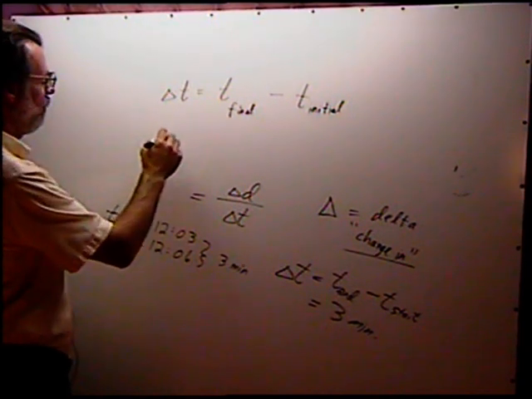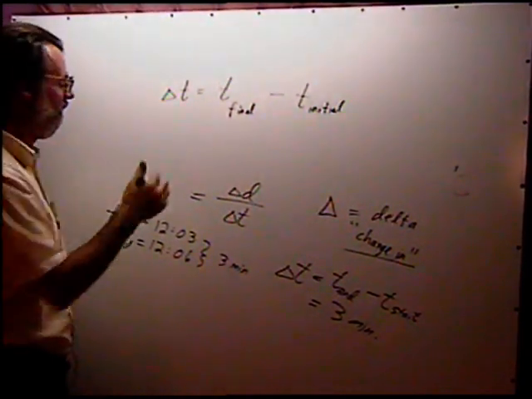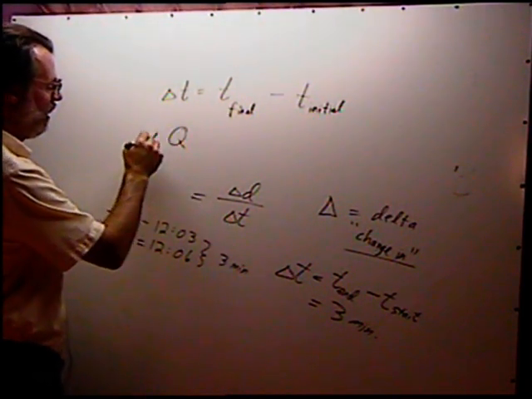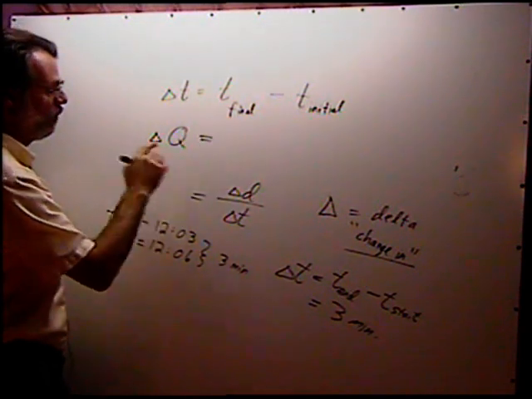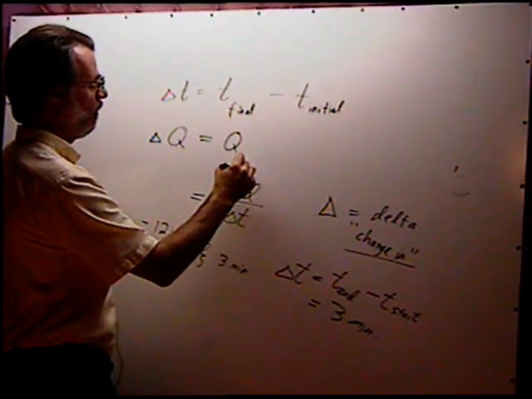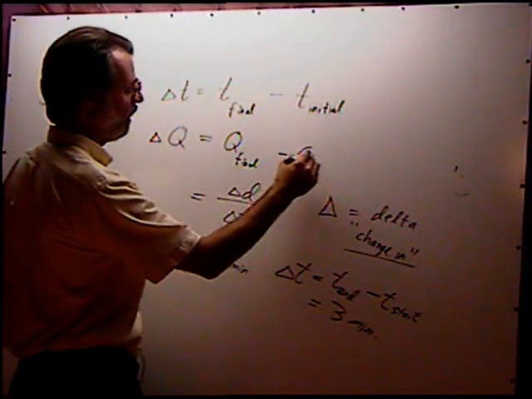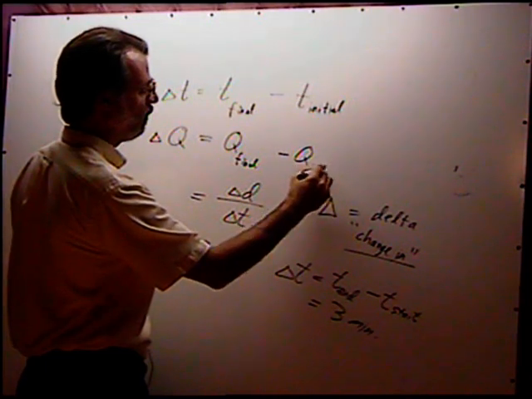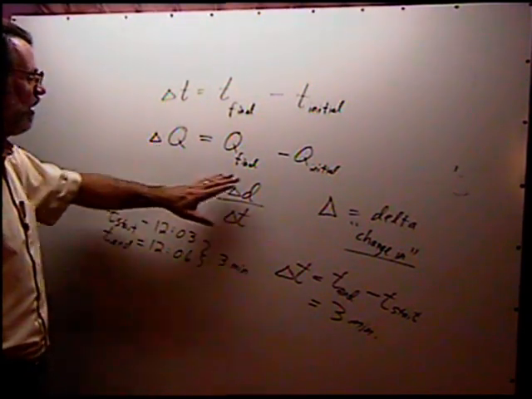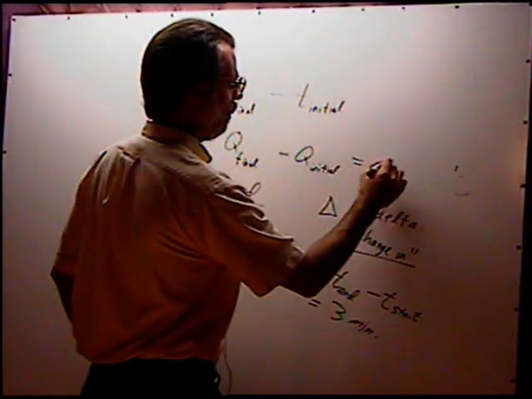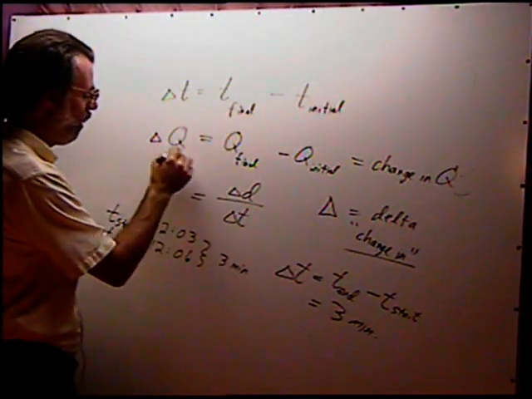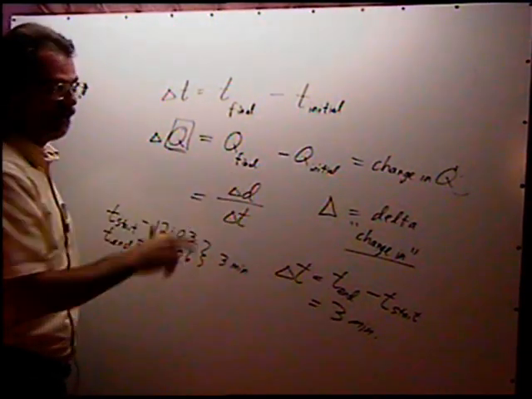If I have some other variable, let's say q, and I say delta q, whatever q is, it would be whatever the final q is minus whatever the initial q is. Whenever you see a delta, it means a change in q, or a change in whatever quantity we have. It's always the final minus the initial.